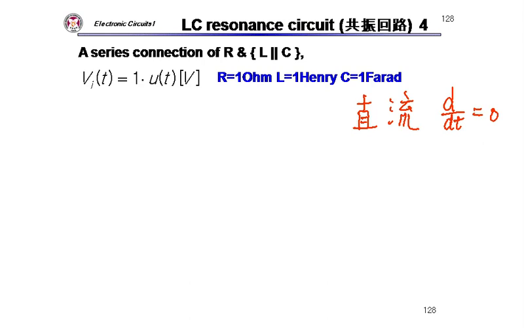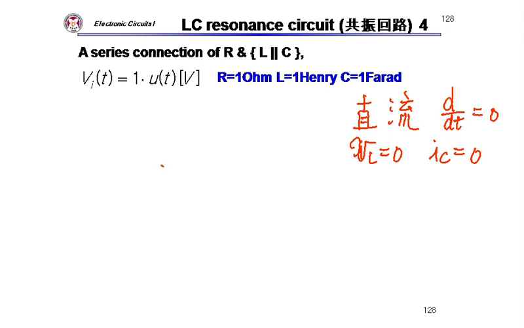So for inductor current, inductor voltage is 0. Capacitor current is 0, right? So capacitor is an open circuit, inductor is a short circuit at DC. So for T negative, the inductor is a short circuit, the capacitor is an open circuit. Capacitor current is 0, inductor voltage is 0.